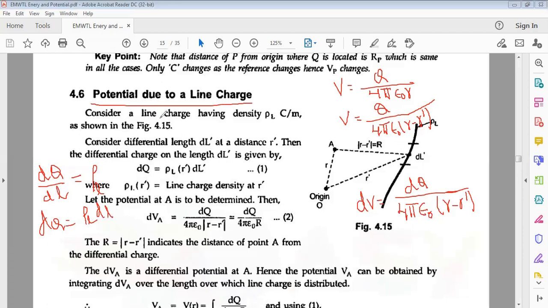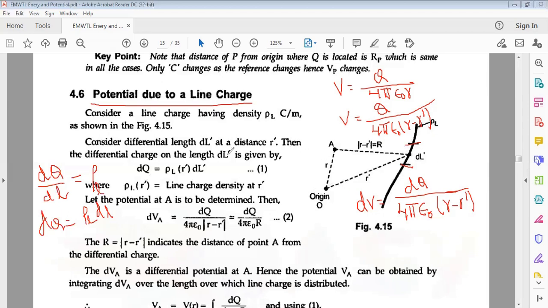You can see here, consider a line charge having the density rho L, as shown in the figure. Consider a differential length dl bar at a distance r dash from the origin.